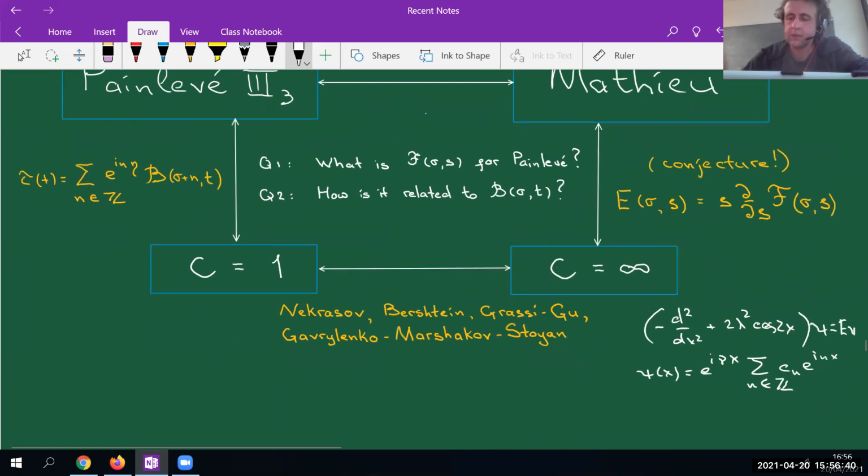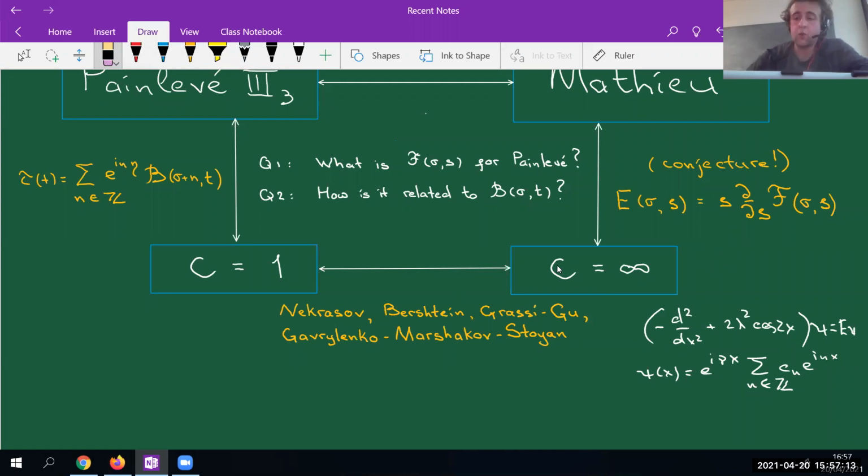So this lambda is more or less S. So maybe S is, probably, square root of lambda or something like this. And sigma is this Floquet exponent nu. But this is precisely this function that we were computing in the very first lecture with continued fractions.